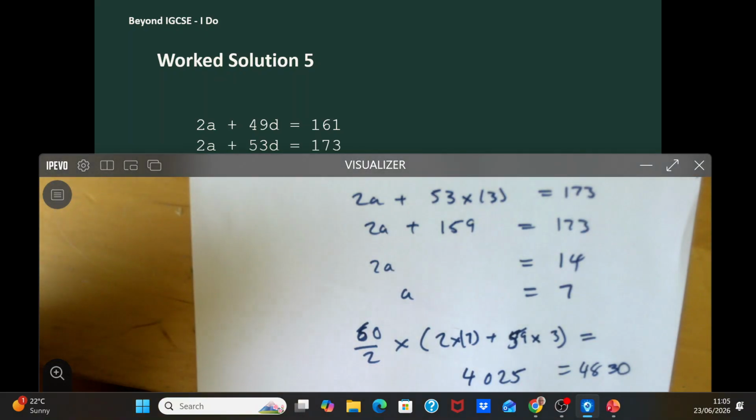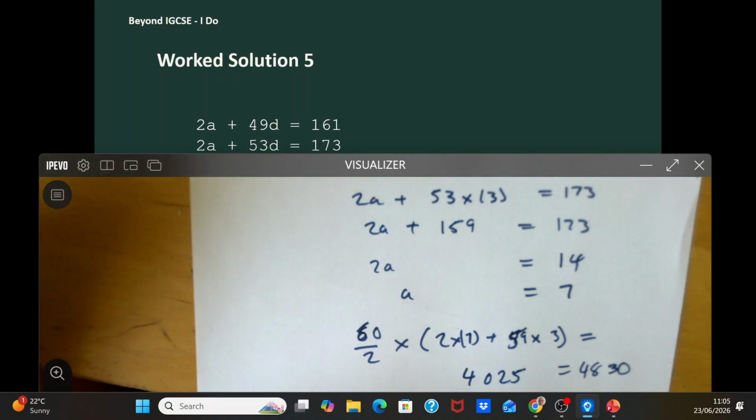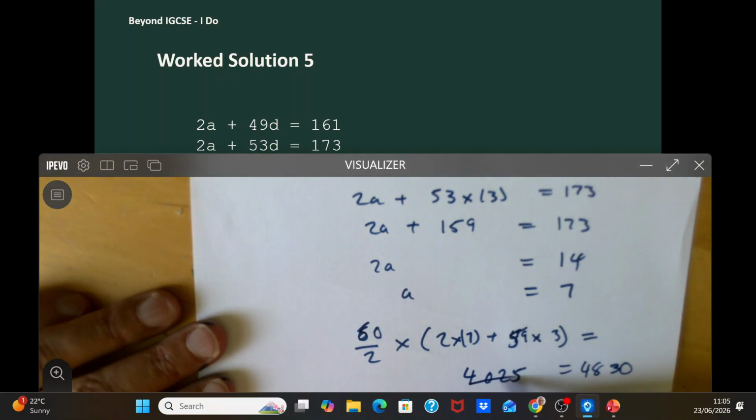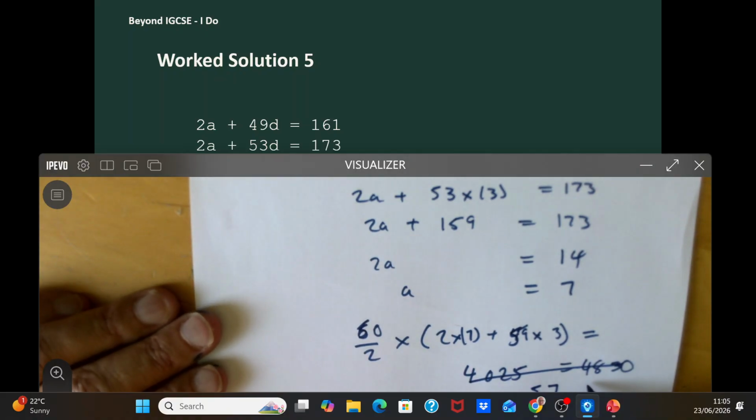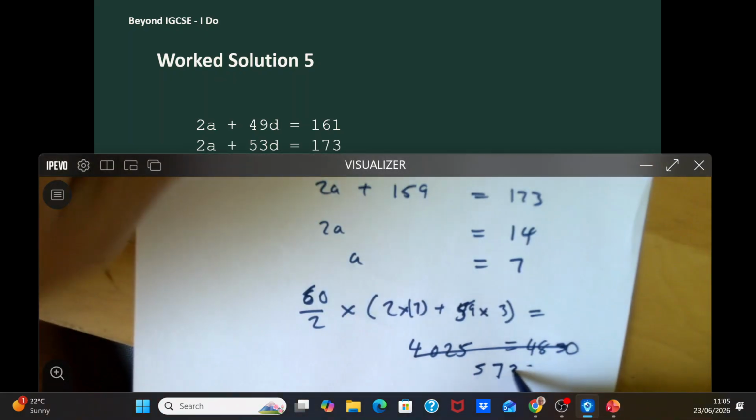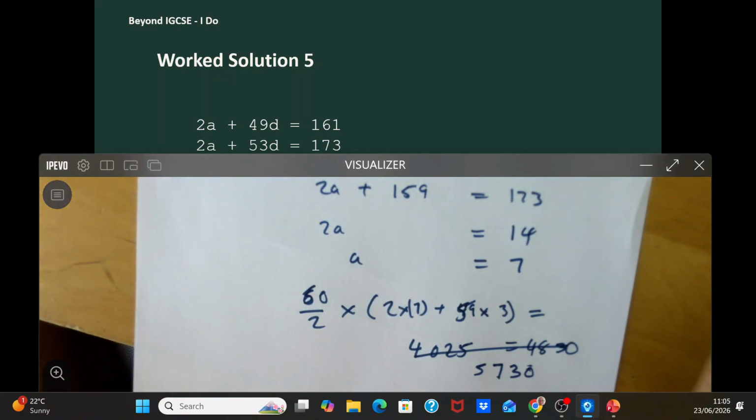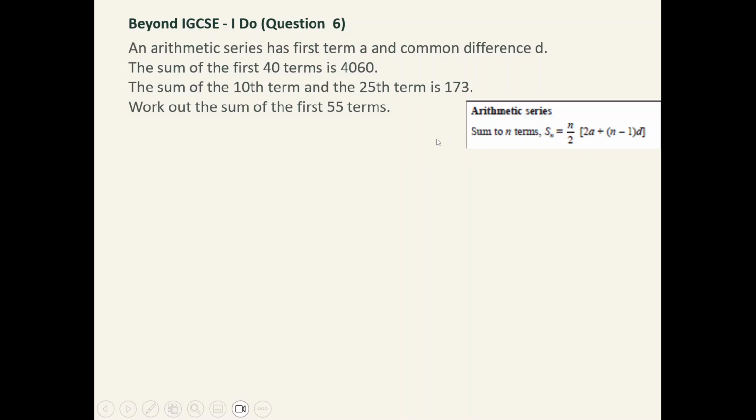So again, when you're making a mistake, you need to check your work through. So I put that in, and my answer is actually 5730. Right. I would do that question.